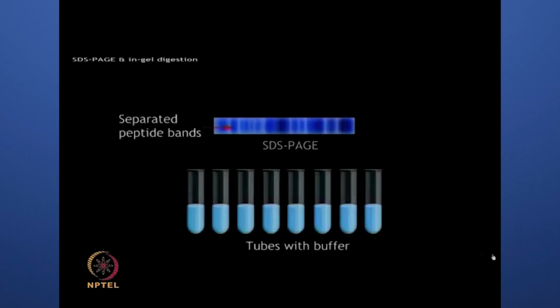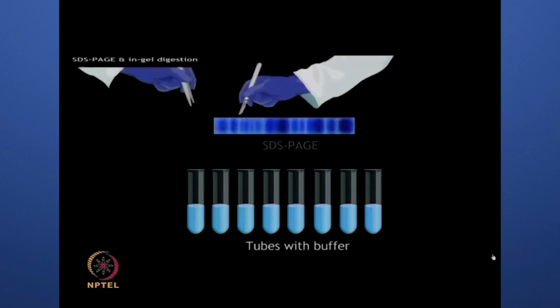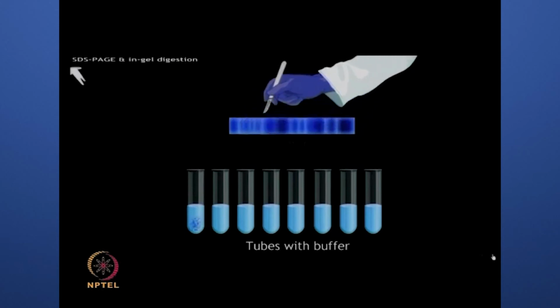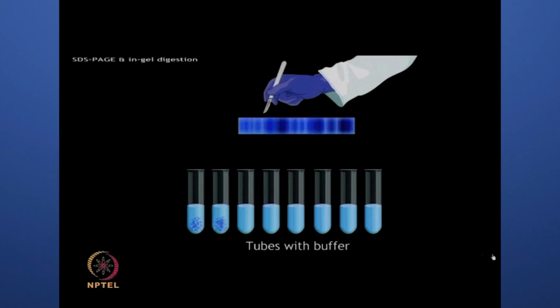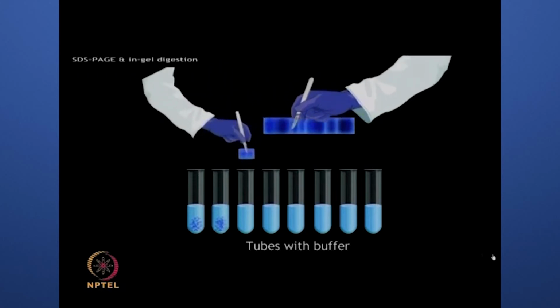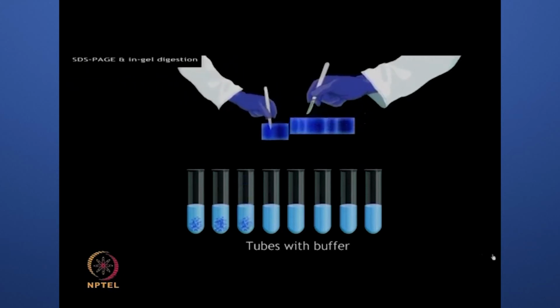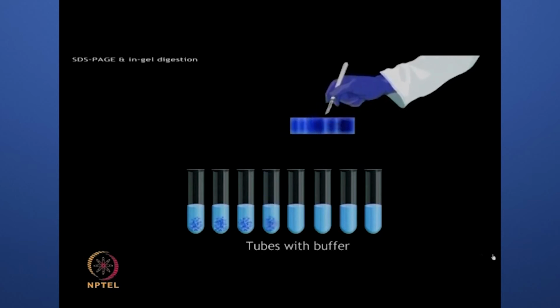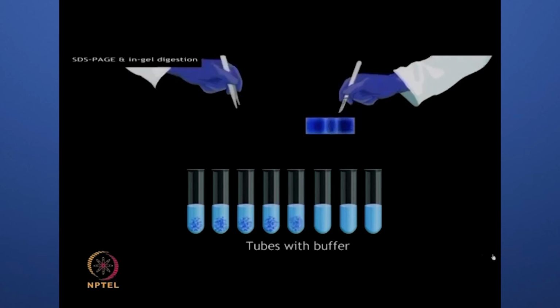The complex mixture of peptide fragments is further separated by SDS-PAGE to simplify this analysis. Each band of the SDS-PAGE gel is cut out and redissolved in a suitable buffer solution. These simplified peptide fragments can then be used for mass spec analysis.